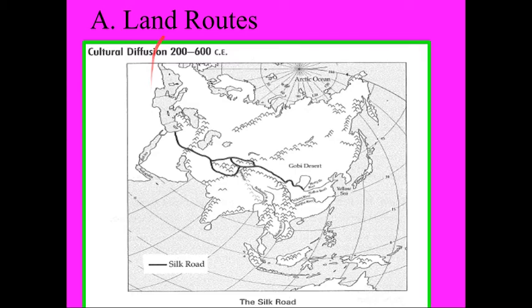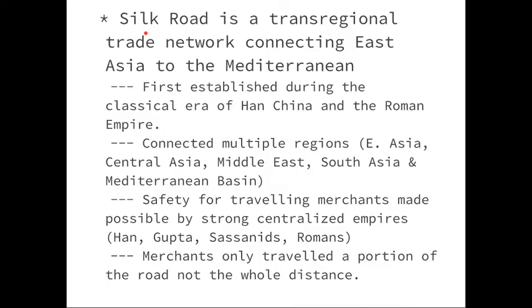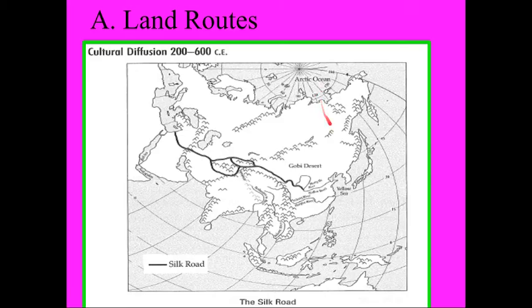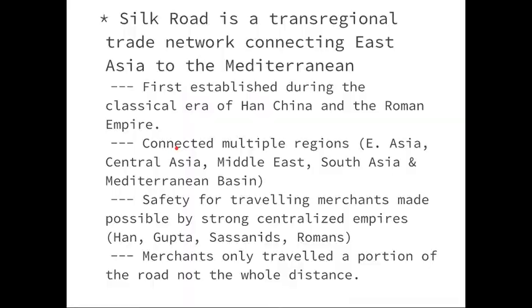So first we're going to look at the land routes. And the land route is called the Silk Roads, right? And it basically went from China in East Asia all the way to the Mediterranean, right? Which is where the Roman Empire would be. And a whole bunch of places in between.